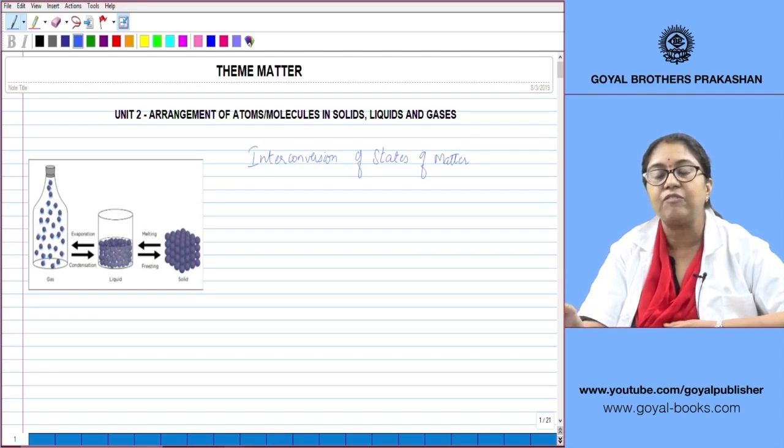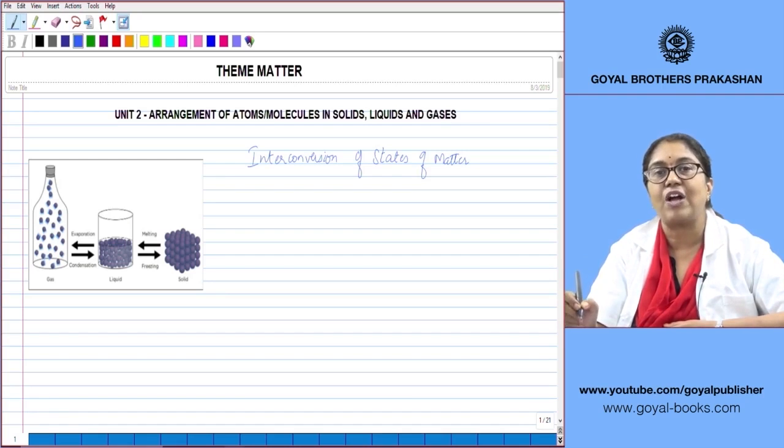Now, what is interconversion of states of matter? Interconversion of states of matter is defined as the conversion of one state of matter to the other and back to the original state. This is brought about by a change in temperature. Now, you can convert a solid to a liquid.